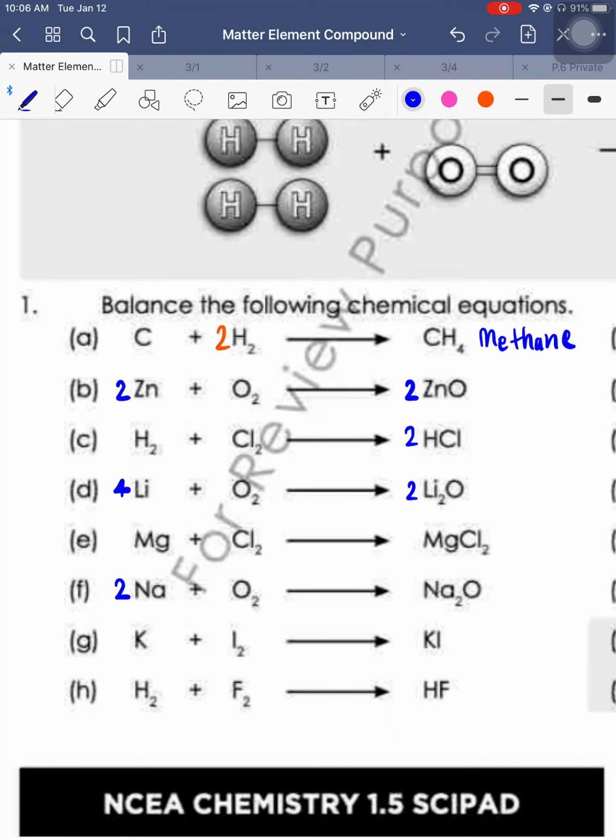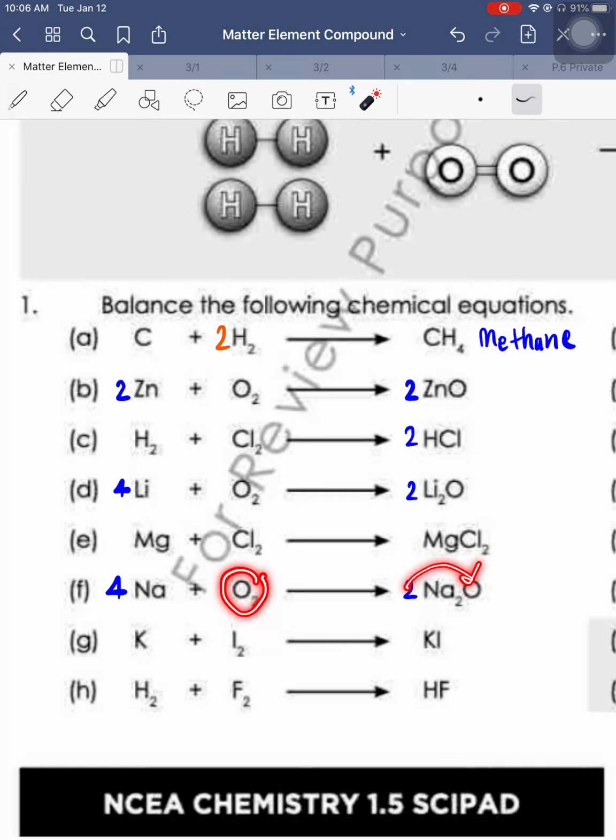Oxygen is not equal, so put 2 in front of sodium oxide. Then sodium will be 4, so delete it and make it 4. It will be balanced: 4 sodium, 2 oxygen.